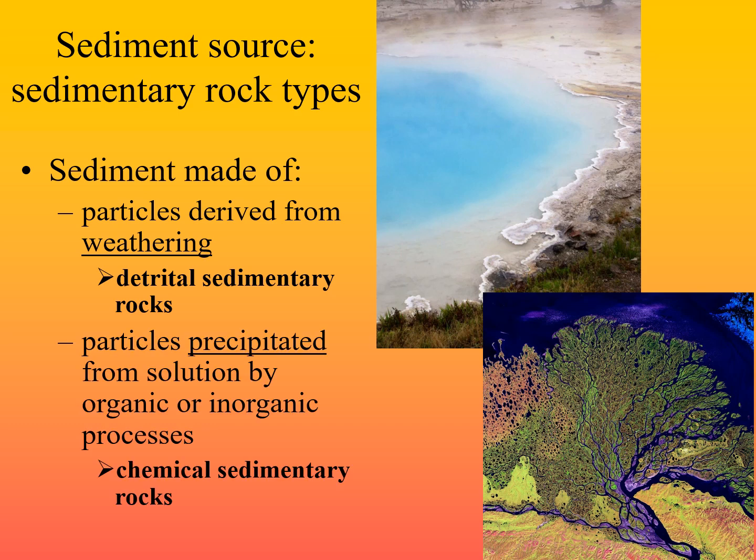sediment. And then we also have chemical sedimentary rocks, which are like I talked about in the case of limestone. You can have sediment that's formed from parts of organic shell material, or it can be inorganic too.